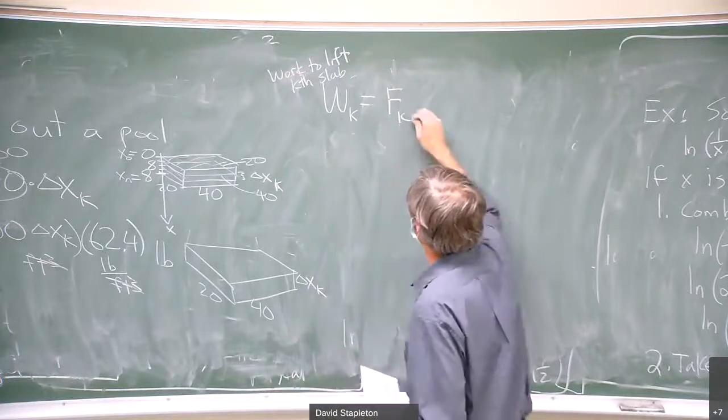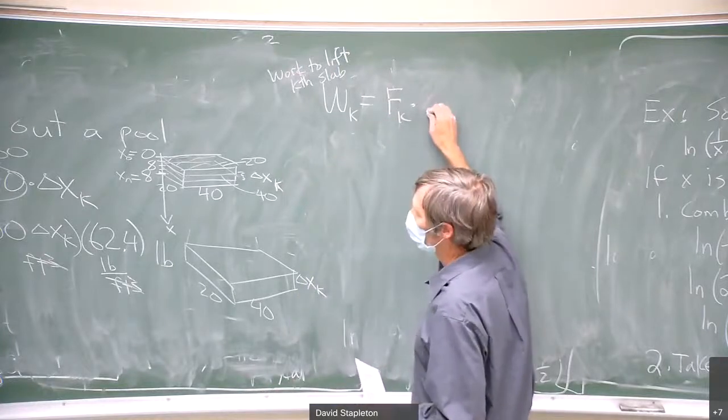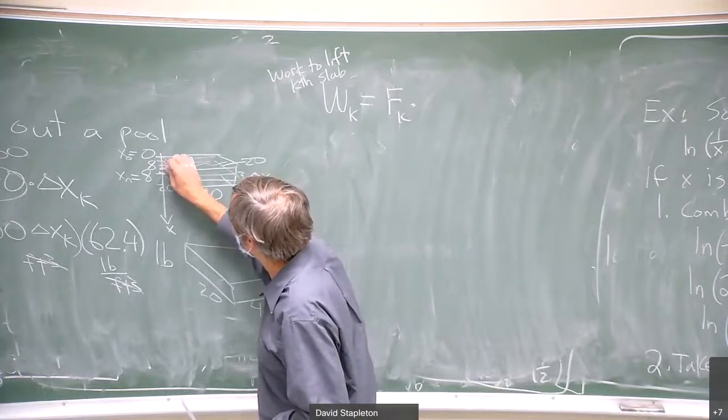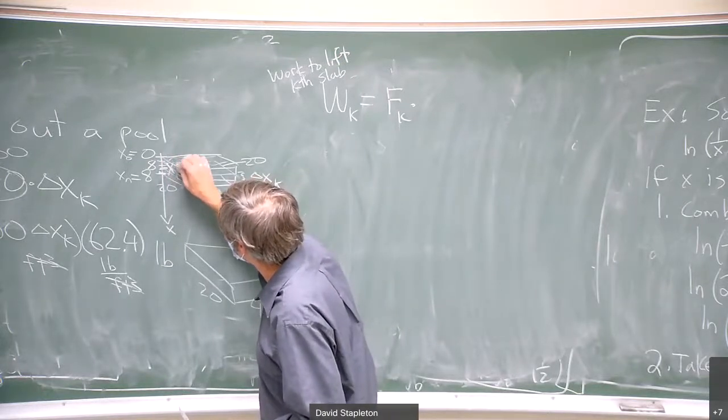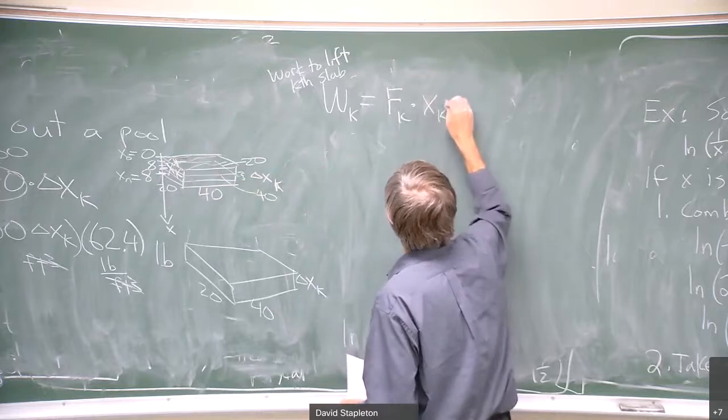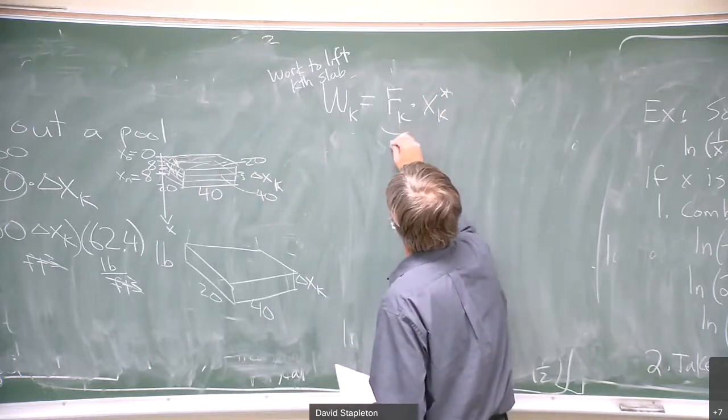Work is force times displacement. And the displacement is wherever the slab is, at some point xk star, you could say. Some point in the kth interval, force times xk star, force times displacement.